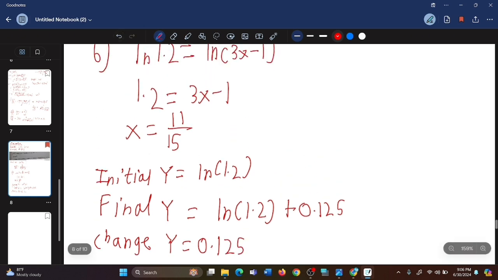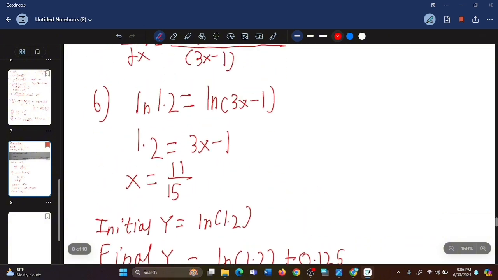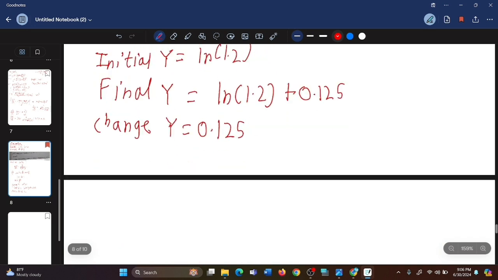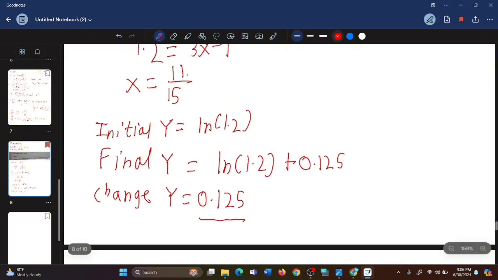Now we are told to find the approximate change in x if y increases by 0.125. So we know the initial x. What is the initial x? The initial x is 11 by 15. When y was ln 1.2, x was 11 by 15.